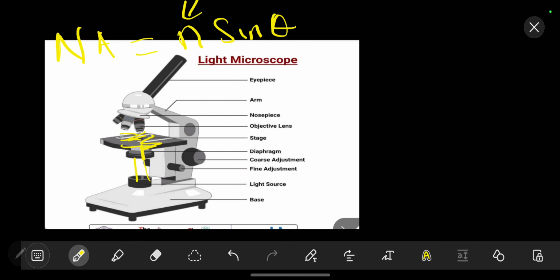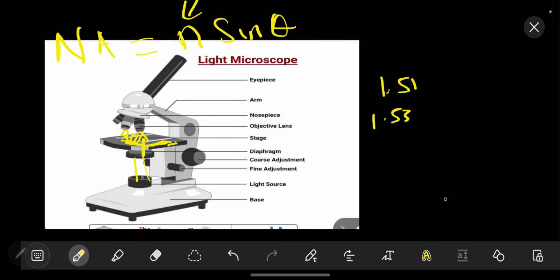By applying immersion oil, they increase the refractive index, because the refractive index of oil is approximately 1.15, and when we look at glass, it's 1.53. Because the slide is made of glass and the lenses are also made of glass, we want to make it compatible with the immersion oil so that light does not bend a lot, thereby increasing the numerical aperture, which is the ability of the microscope to gather light.